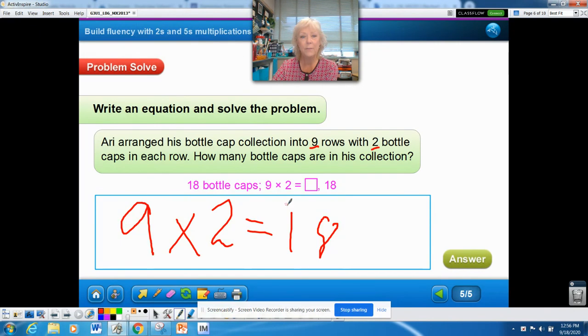Are we correct? 9 times 2. Look, we set up our equation the way they wanted us to, and we came up with the same answer. So 18, and they've labeled that answer 18. I'm just going to write bottle caps. Okay, so we got our answer. So hopefully that is going to help you with lesson number 6.